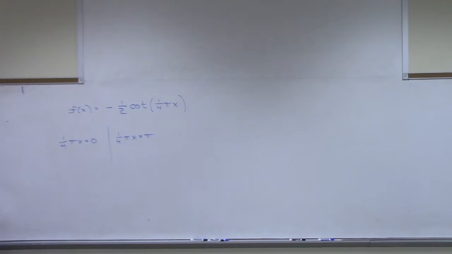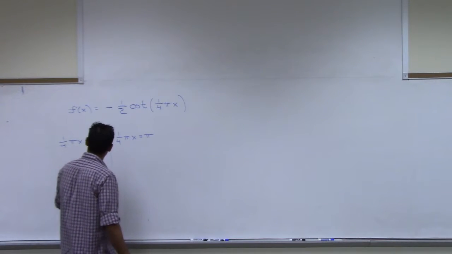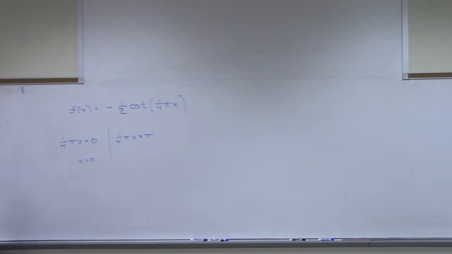What's the solution to the first one? 0. And the second one? Multiply 4 on both sides, divide by pi, so x is 4.